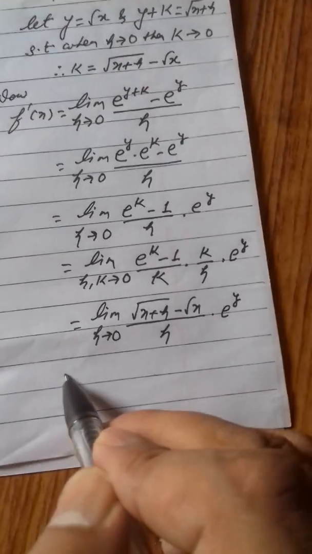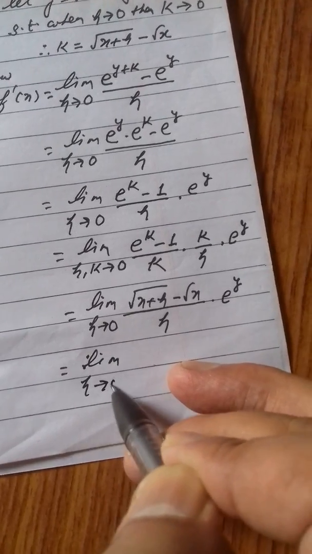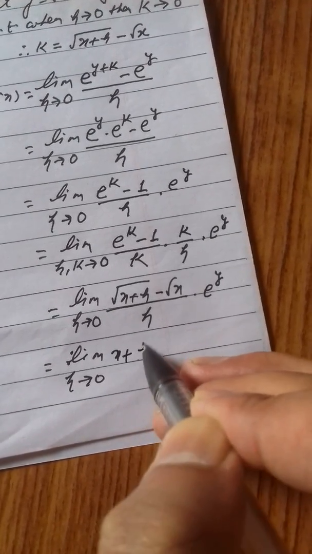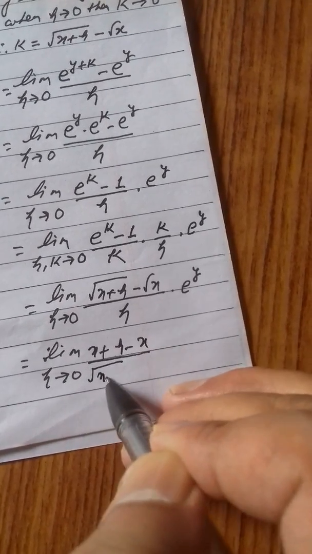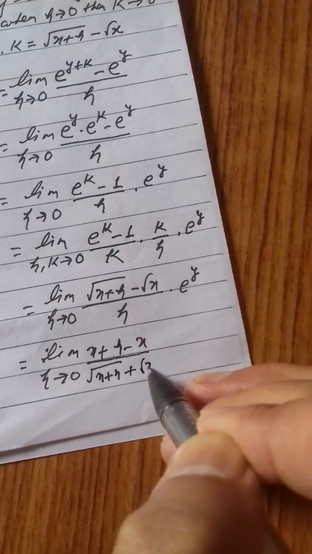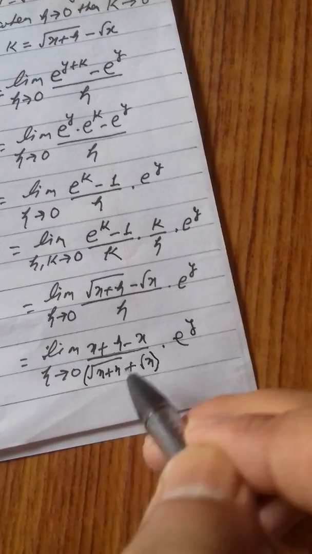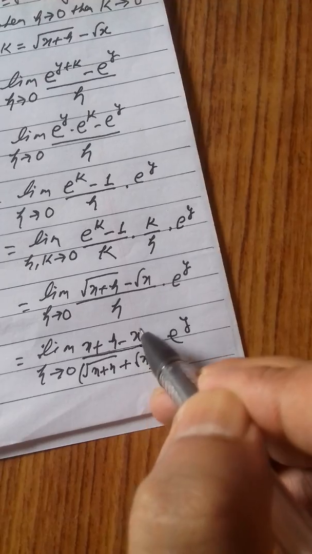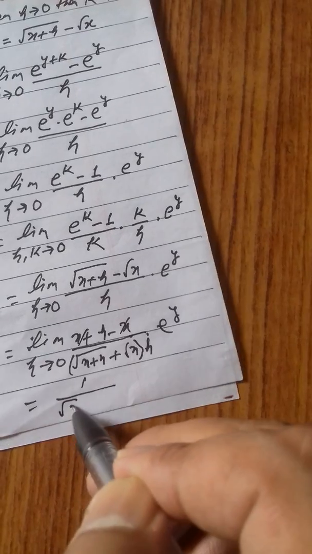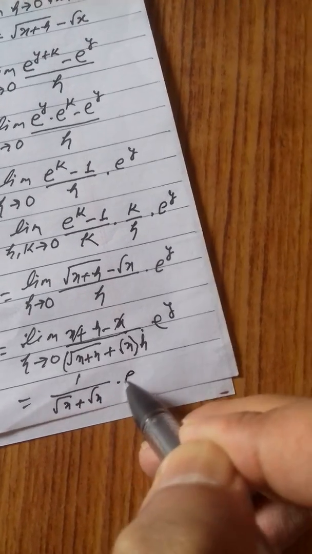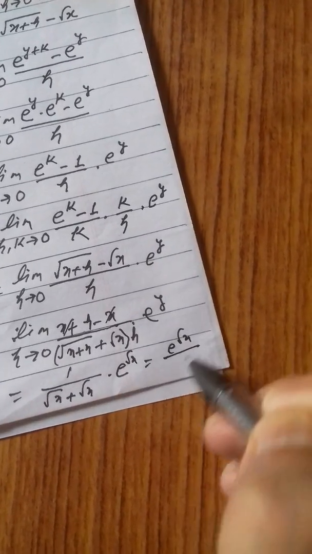Then rationalizing it, we have limit h tends to 0, x plus h minus x by root under x plus h plus root under x into e to the power y, and h is here, so we can write this here. X and x cancelled, again h will be cancelled. We can put this value, and then we get 1 by 2 root under x plus 0, root under x, e to the power y. Value of y is already root x, so this is our answer.